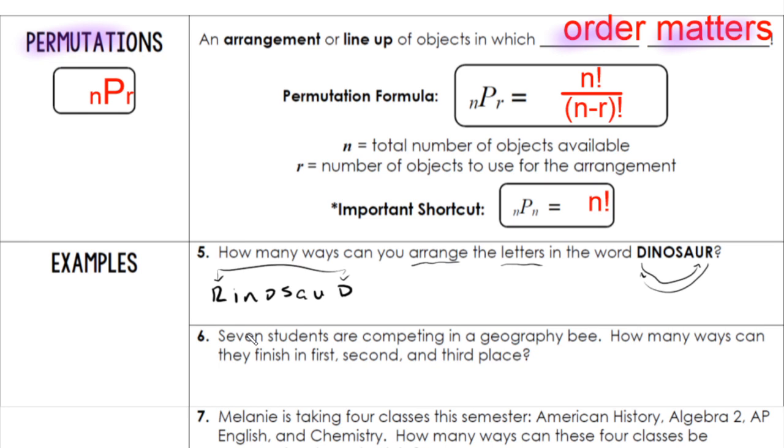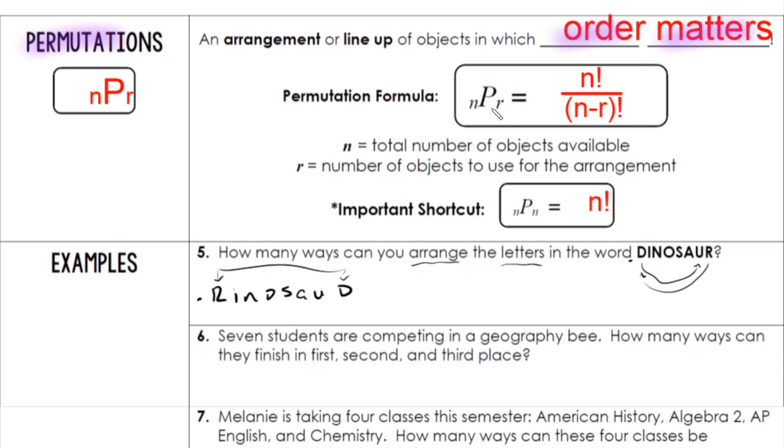You want to imagine that you flipped the order of some of the letters, and then see, is the outcome different from what you started with? Is this considered a different word than this? And the answer is yes. And because of that, this example follows a permutation, an arrangement where the order matters.